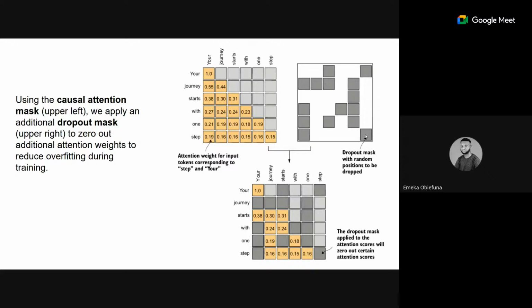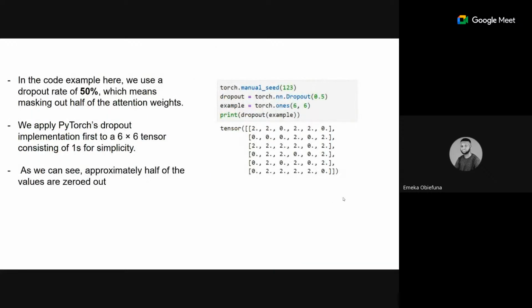It's going to randomly mask out different positions. At the end of the day, when you have your masked attention weight and you add the additional masking which dropout introduces, we are going to end up with this dropped mask. Remember that we do this to prevent overfitting.